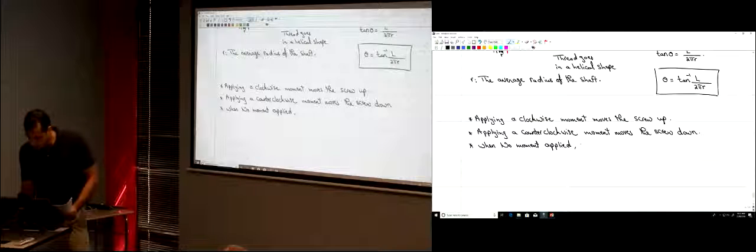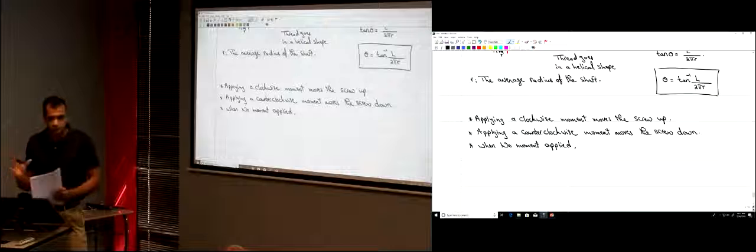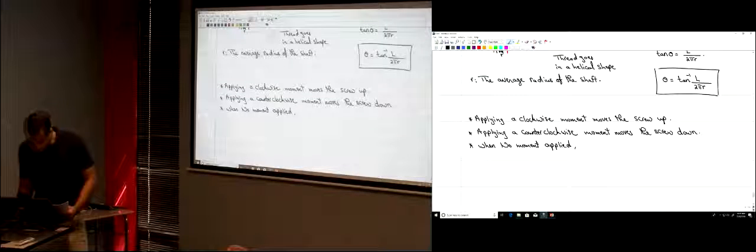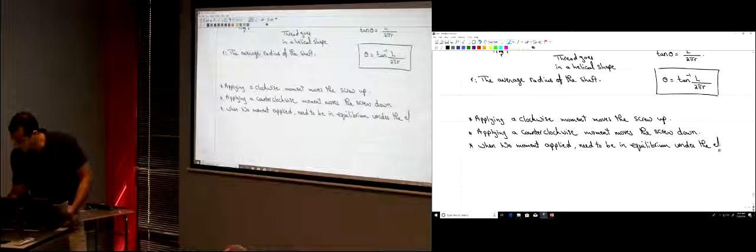we just need this screw to stay in place. It doesn't move. What would cause it to move? The weight of the screw. So it needs to be in equilibrium under the effect of the weight.